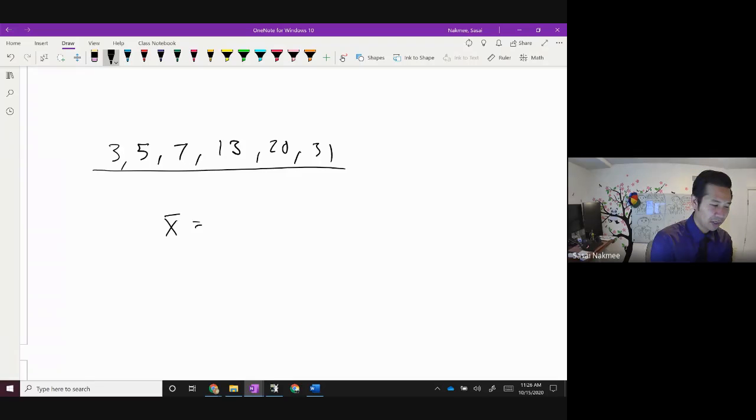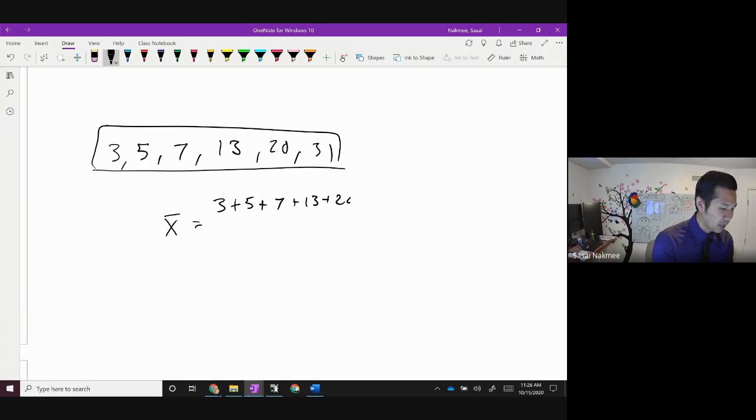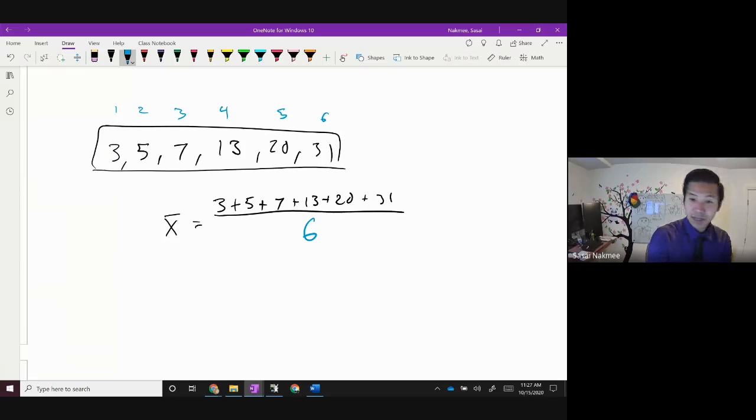I'll write it out for you. It's going to be 3 plus 5 plus 7 plus 13 plus 20 plus 31, and then, of course, you divide by how many there are. There are 1, 2, 3, 4, 5, 6. And you divide by 6. And that's your answer.